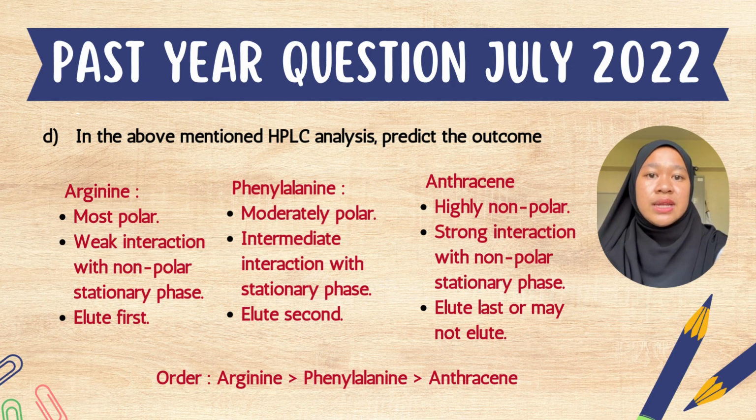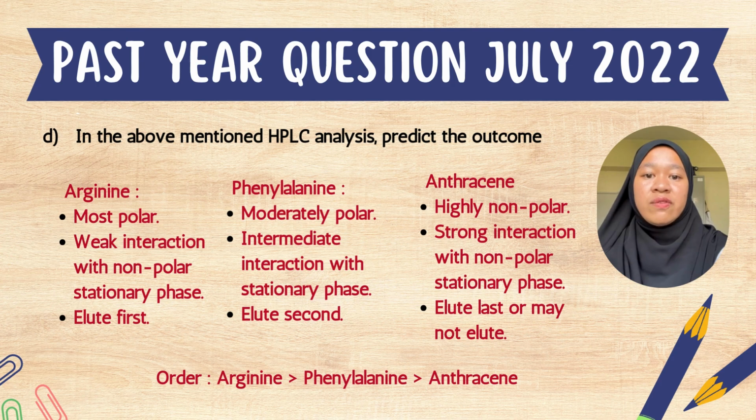Phenylalanine is moderately polar due to its amino acid structure with a non-polar benzyl side chain. It will elute after arginine but before atrazine. The last one is atrazine. Atrazine is highly nonpolar and will strongly interact with the nonpolar stationary phase, resulting in very late elution or possibly no elution within a reasonable time frame.